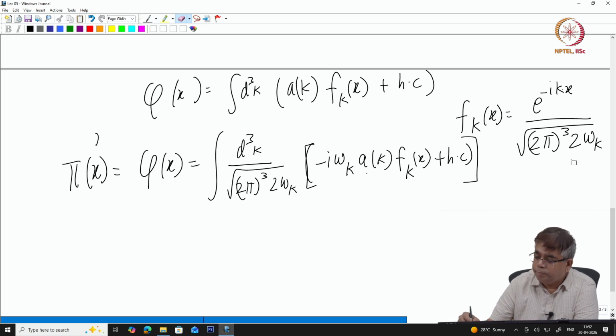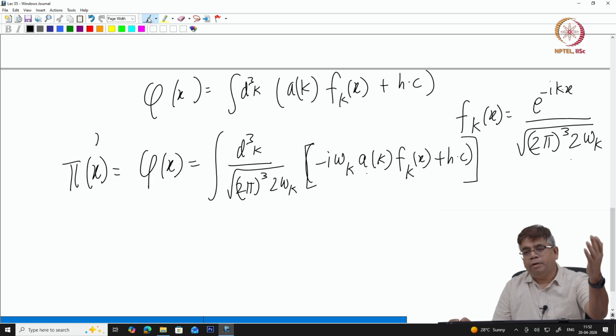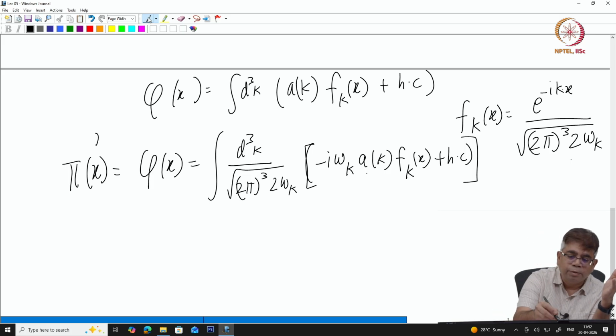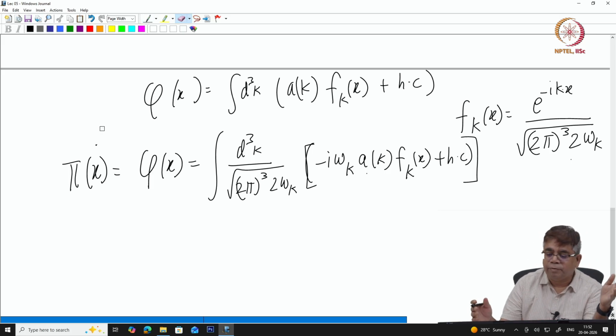Now the point I want to make is that I motivated this by saying that I got this expansion because I wrote down the Heisenberg equations of motion and solved them in momentum space, and so I ended up with this kind of expansion.